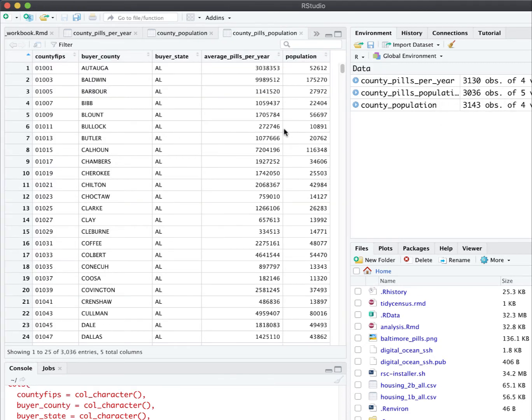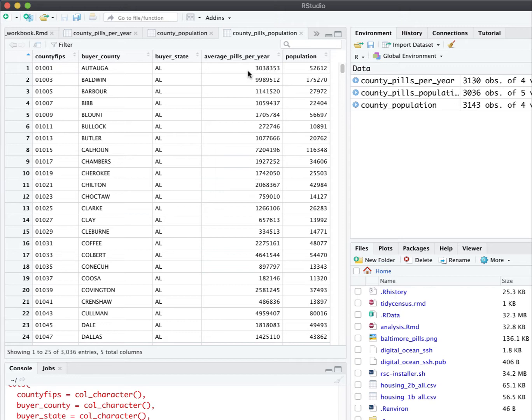So this is our newly joined table. Again, what we have is the geography for each county. Each row is still a county. So we have the county FIPS, the unique identifier, the BUYER_COUNTY name, and the state name. And then, instead of just having average pills per year or population, we have matched those up into a single table.